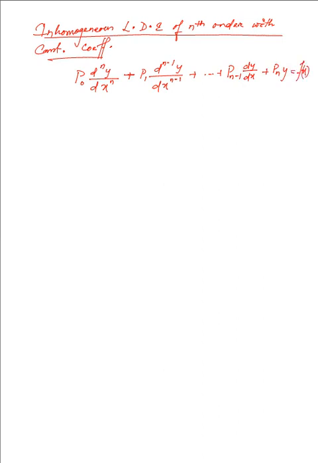Now f(x) here has a value, it's congested over there, I write it in the next line. So f(x) on the right hand side, f(x) being not equal to 0. So again we take it of the form f(D) acting on y, and that is equal to f(x) on the right hand side.